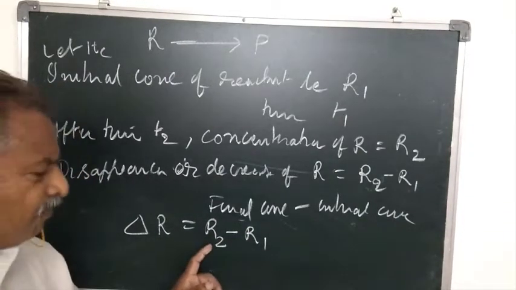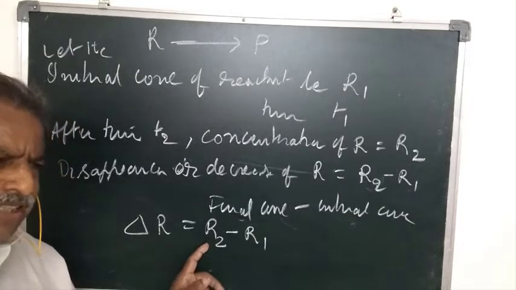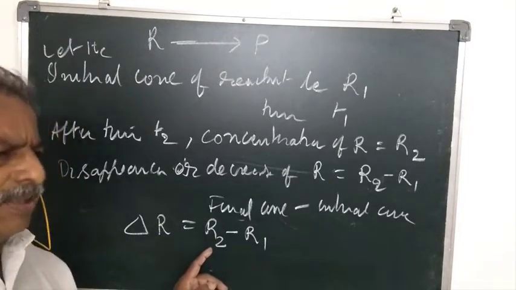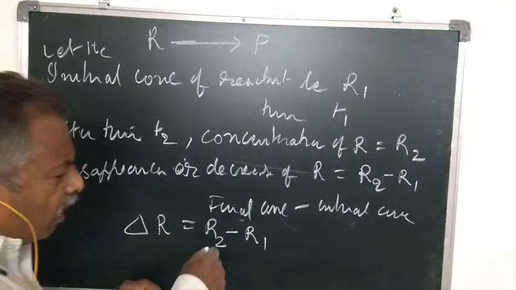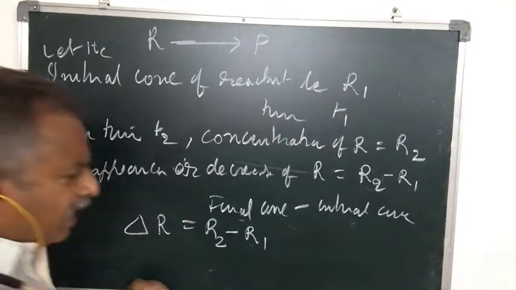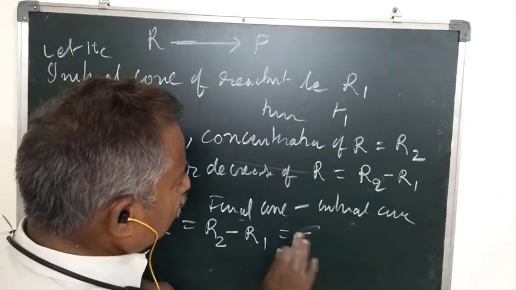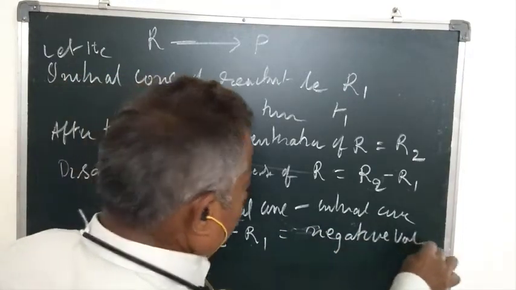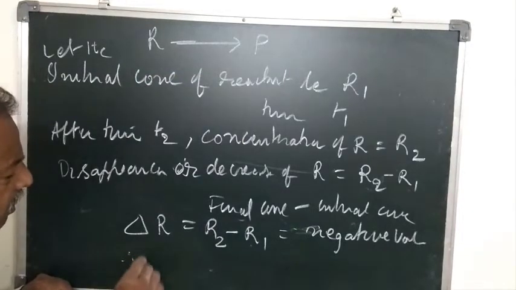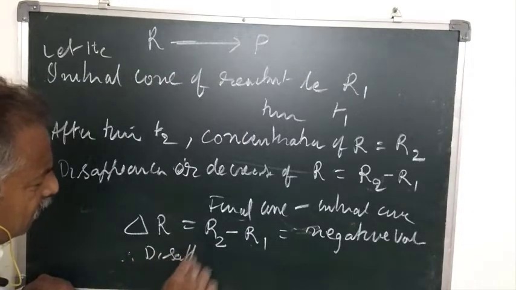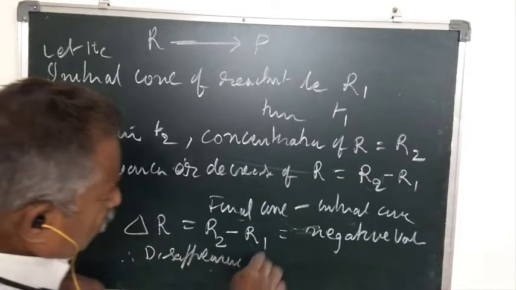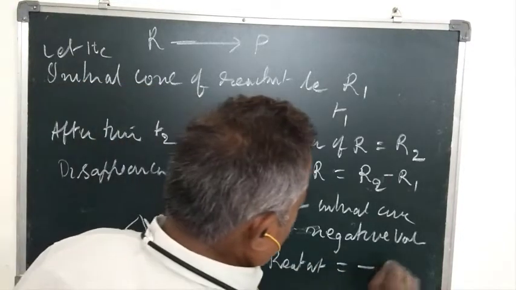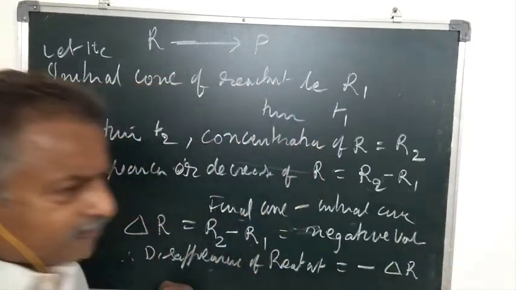Remember this, as the reaction is going on, the reactant concentration goes on decreasing. Therefore, R2 is lesser than R1. Therefore, this is negative value. Therefore, disappearance of reactant is equal to minus delta R.